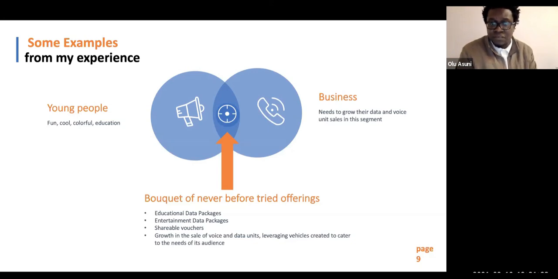The upside for the business is that they did achieve the growth in the sale of voice and data units, leveraging vehicles created to cater to the needs of its audience. If the business was insistent on doing things the way they've always done it, they probably would lose this segment of the market to their competitors who choose to wear the customer-centric or the customer-focused lens.